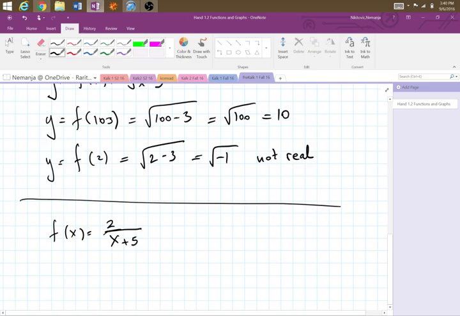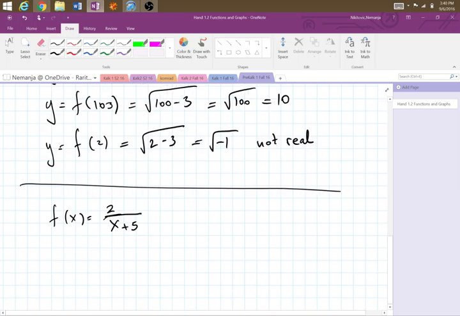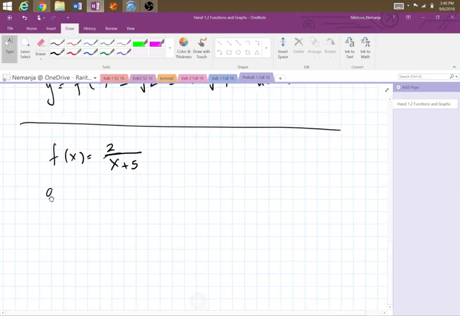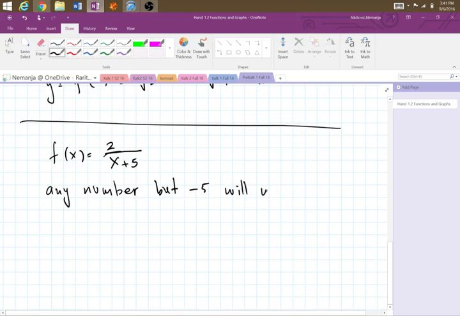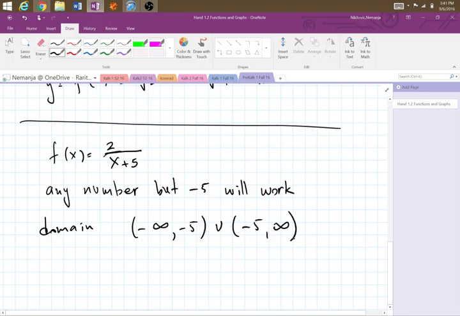Obviously, when numbers change around, there's going to be another value that will not work. In this case, it's negative 5. So any number but negative 5 will work. So now what is the domain in this case? It's going to be negative infinity to negative 5 union negative 5 to positive infinity.